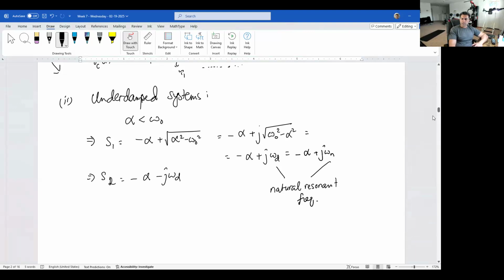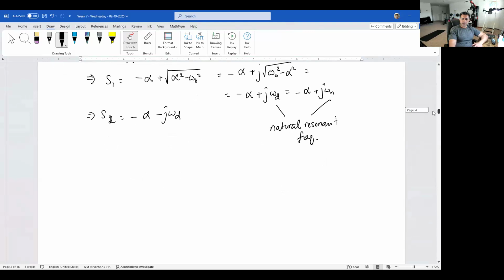How is the response going to look? Capacitor voltage response, v_C(t) equals A1 e to the power S1 t plus A2 e to the power S2 t.